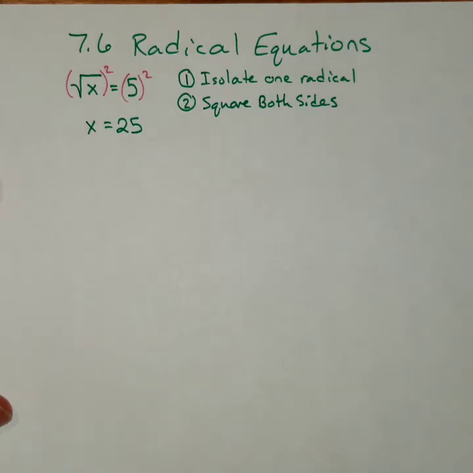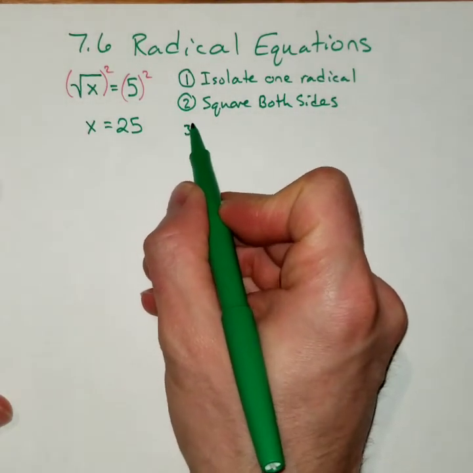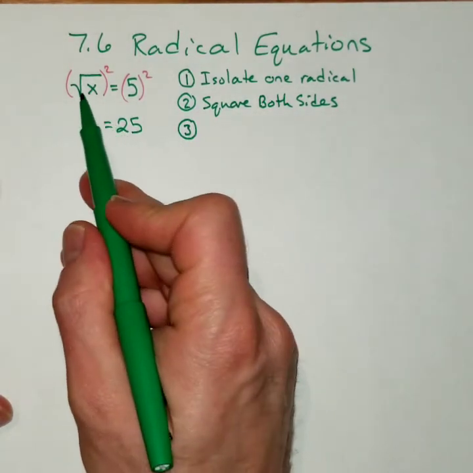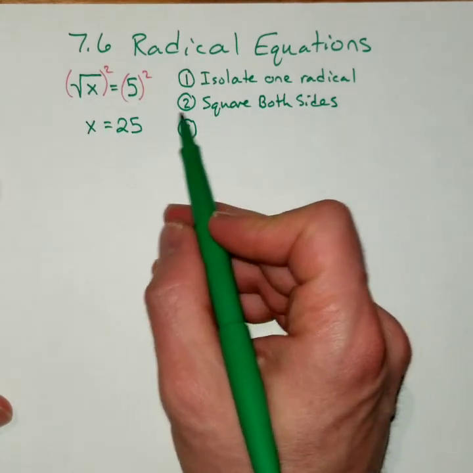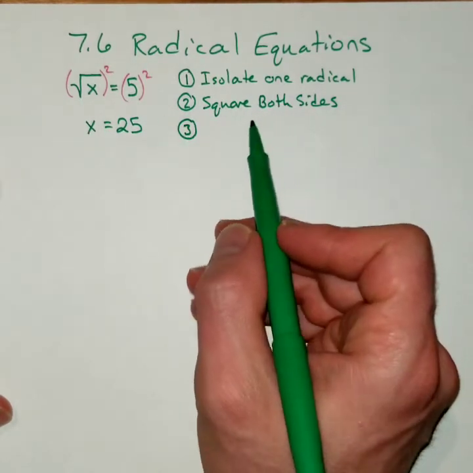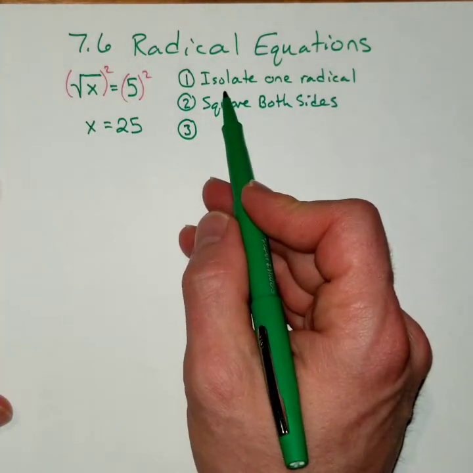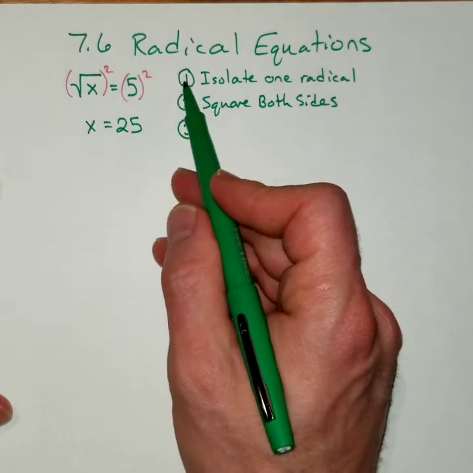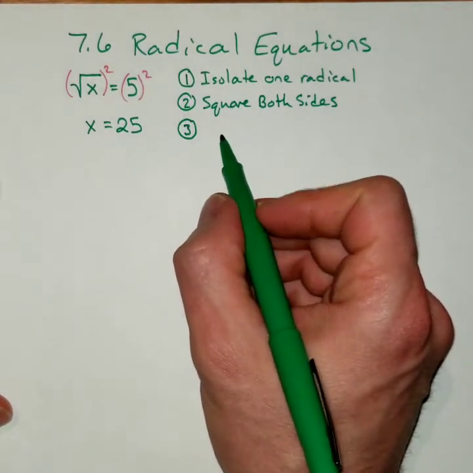And then the third step, now there are going to be some cases or some examples where you actually have more than one radical in the problem. And so it may be the case that by squaring both sides you don't actually eliminate all of the radicals, you only eliminate the isolated one. And if that's the case, then you repeat steps 1 and 2 until there are no more radicals.